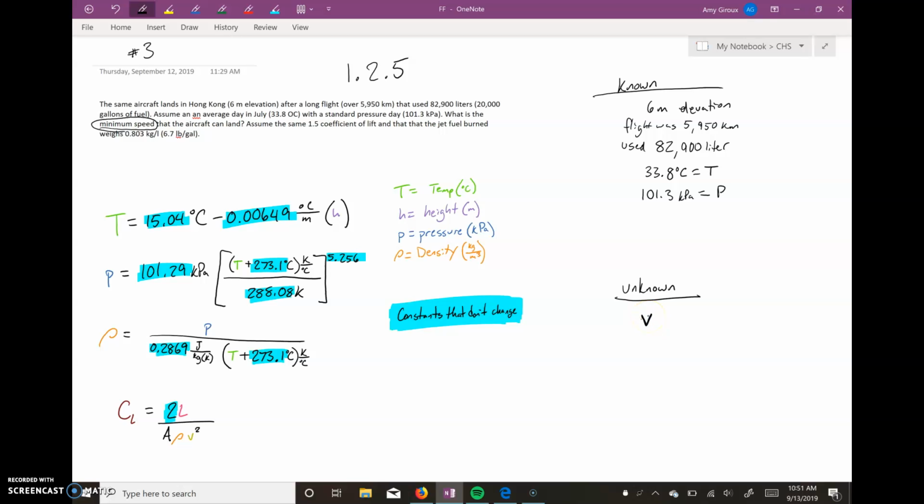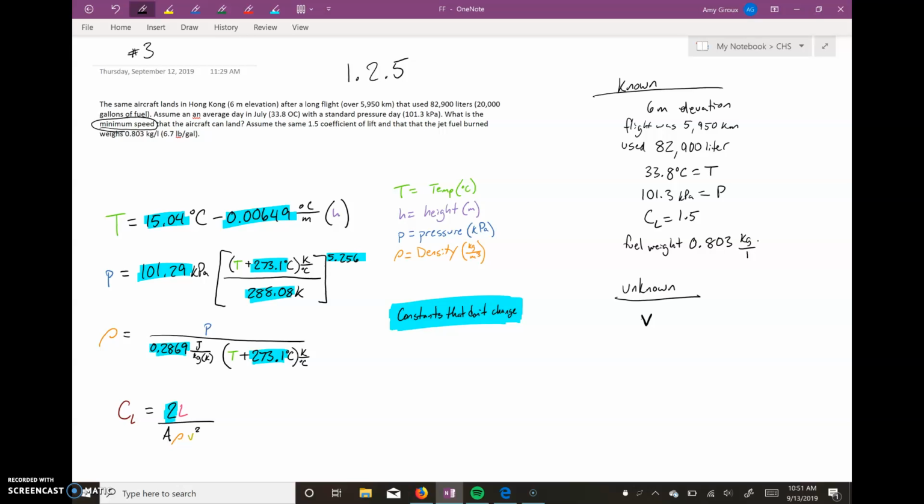It says assume the same 1.5 coefficient of lift, so the coefficient of lift is 1.5, and that the jet fuel burned weighs 0.803 kilograms per liter.